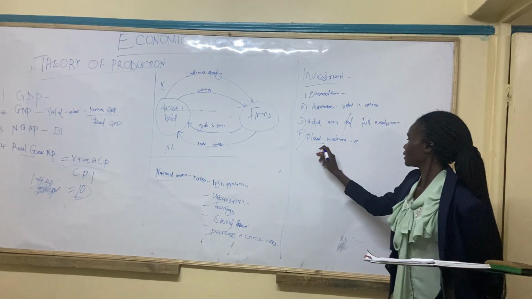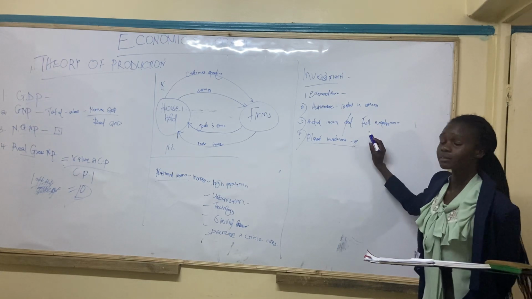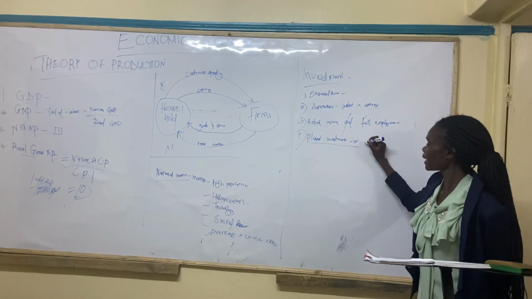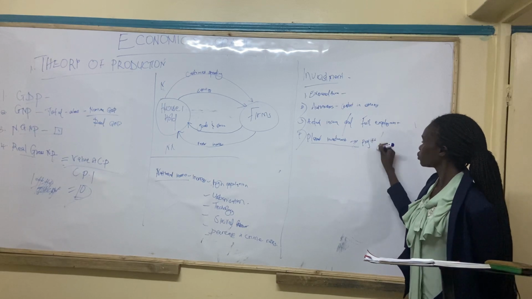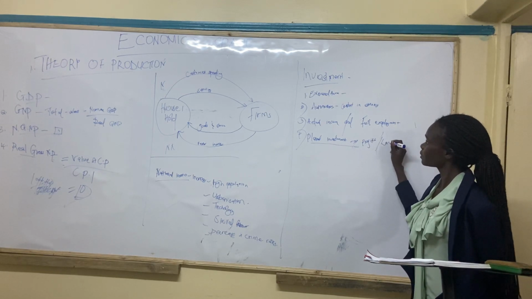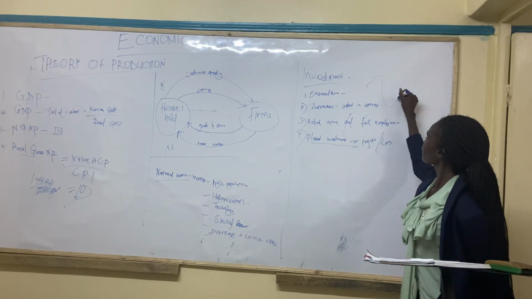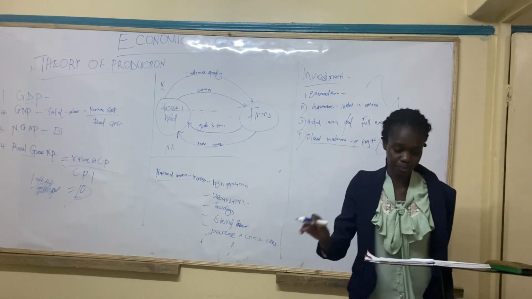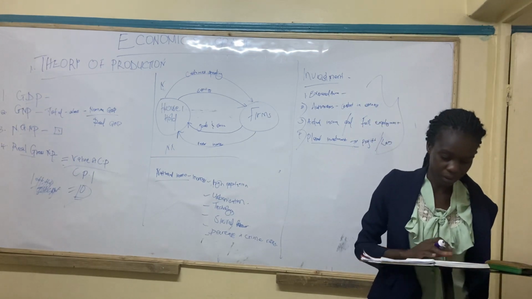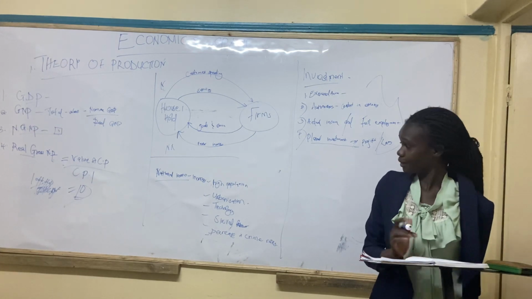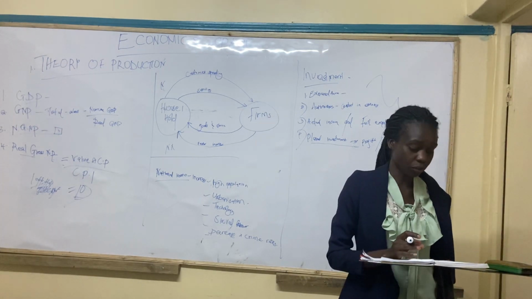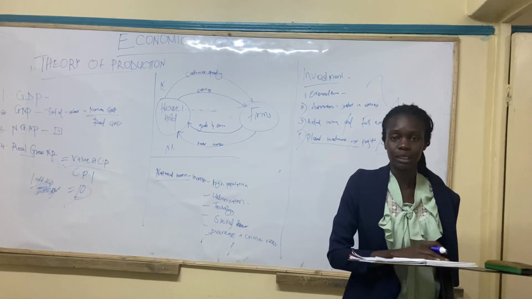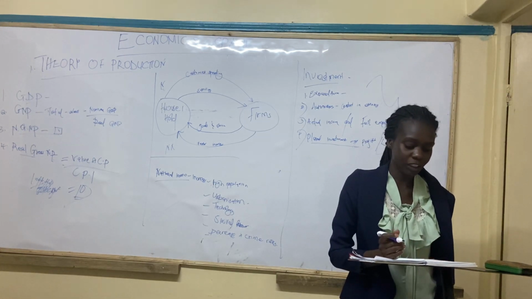So these are business expectations for the future. This might be expectation to make higher profits or to make losses. So all these are under investment. So we are done with investments. We are going to determination of equilibrium of national income.